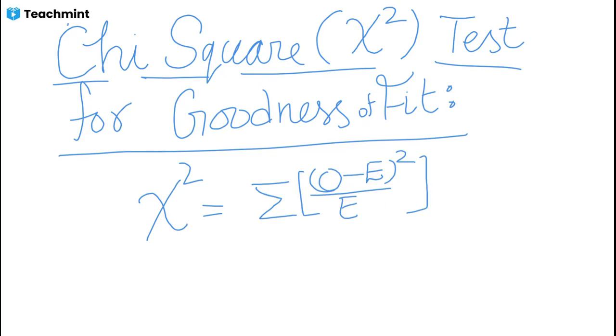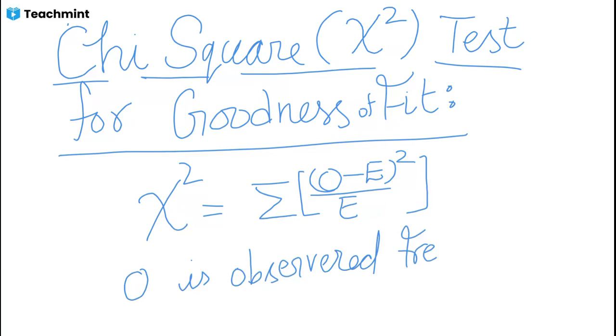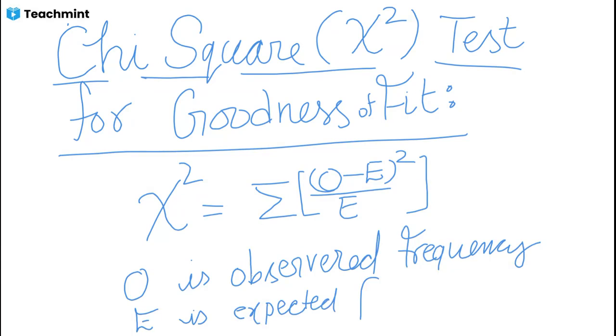And let us know what these values are. O is the observed frequency, and E is the expected frequency.